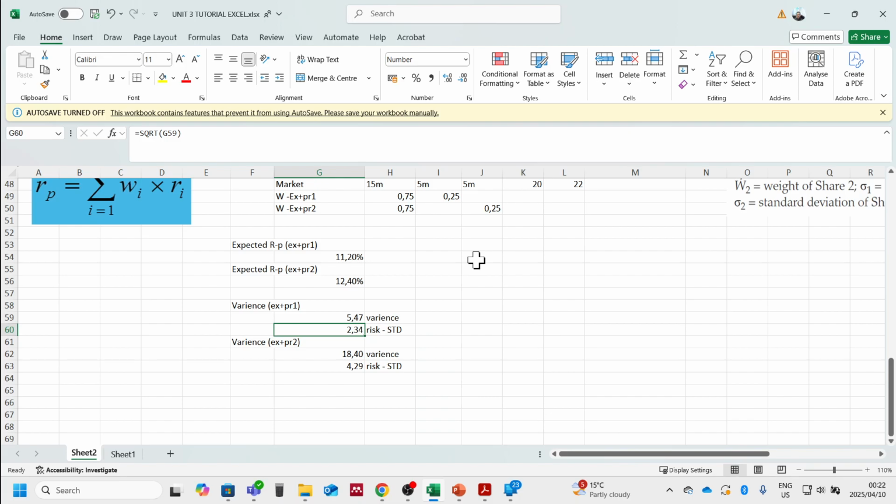However, to add on to that, you're still also going to be tested on the theoretical concept to see if you do understand this concept in terms of theory. What is your understanding when we say that existing plus project one has a risk of 2.34% and existing plus project two has a risk of 4.29%?